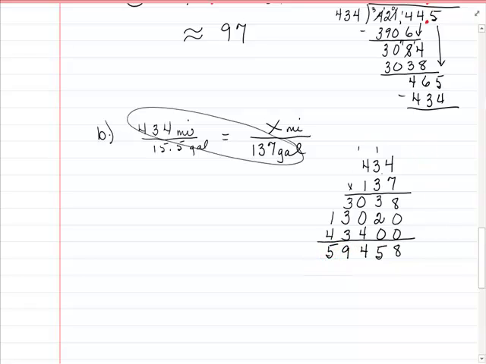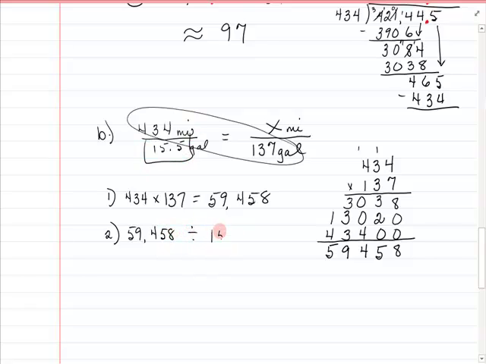This time I'm double checking there's no decimal in the multiplication. So step number 1 was 434 times 137, which I got 59,458. Step number 2, take 59,458 and divide it by the number we haven't used yet, which is 15.5.